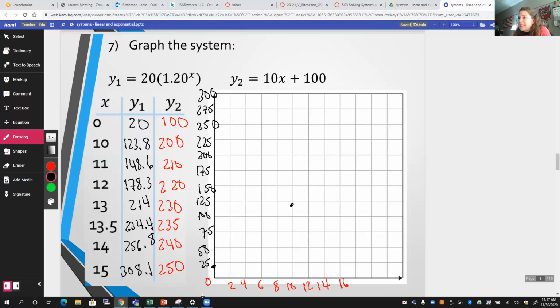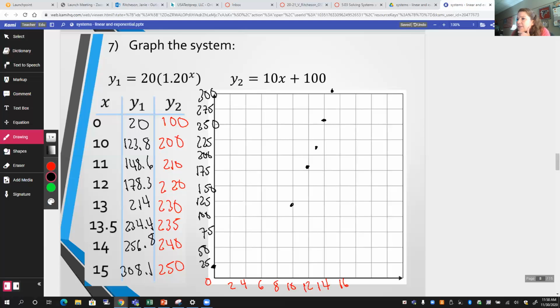Let's go to 12, 178. 178 would be closer to 175. And then we have 13, which would be 214, just over halfway. And then when x is 14, y is 256, and then 15 and 308.